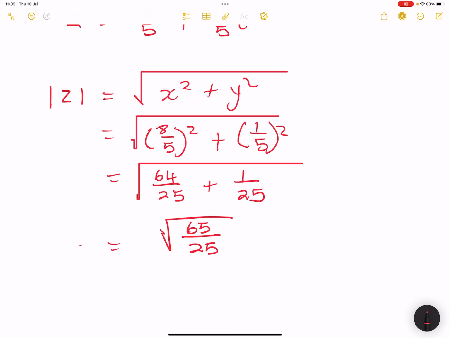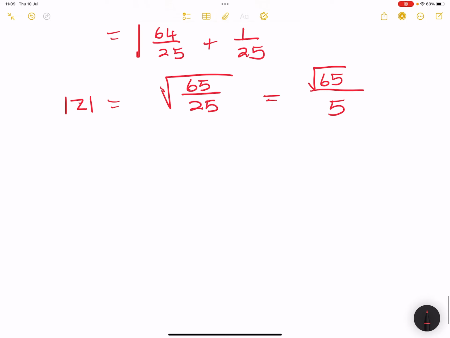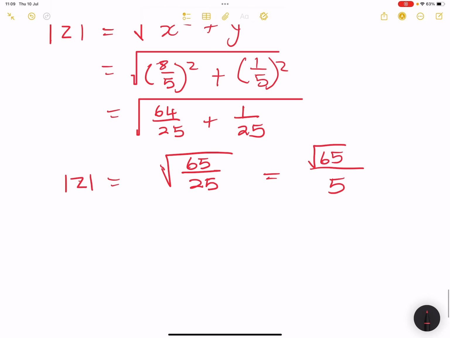So that's the modulus of z, right? Square root of 65 divided by 5. Okay, right. Of course, I'm quite certain you can just try to simplify that as much as possible, right?